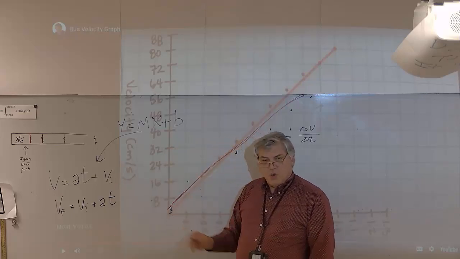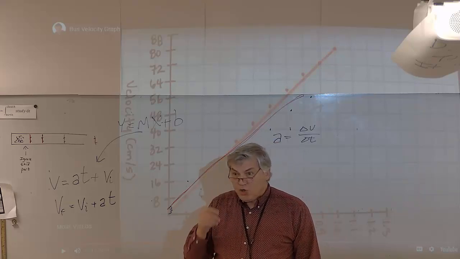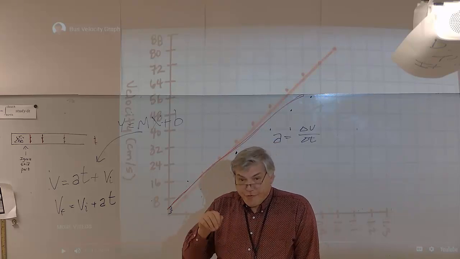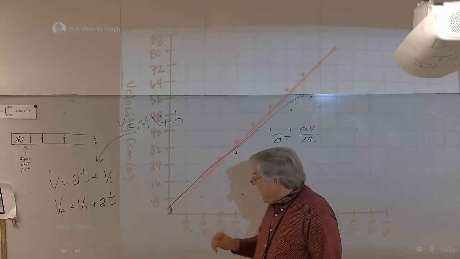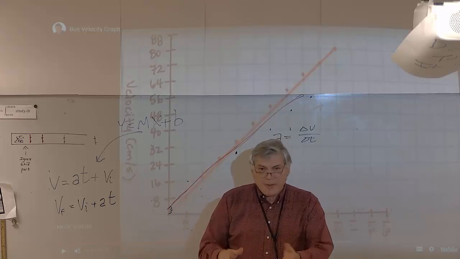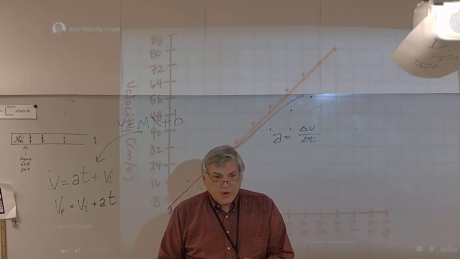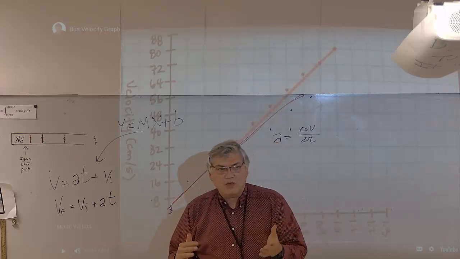So when you're doing your graphing and it doesn't go through 0, 0, don't adjust your graph to force it to go through 0, 0. You do your best fit line the best way that you can. If it happens to go through 0, 0, that's okay too, because there is some variance in what we consider to be best fit.